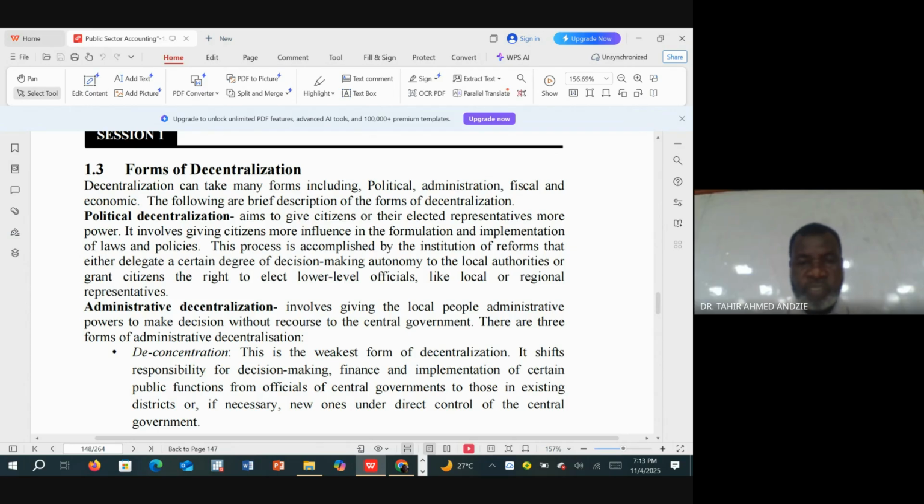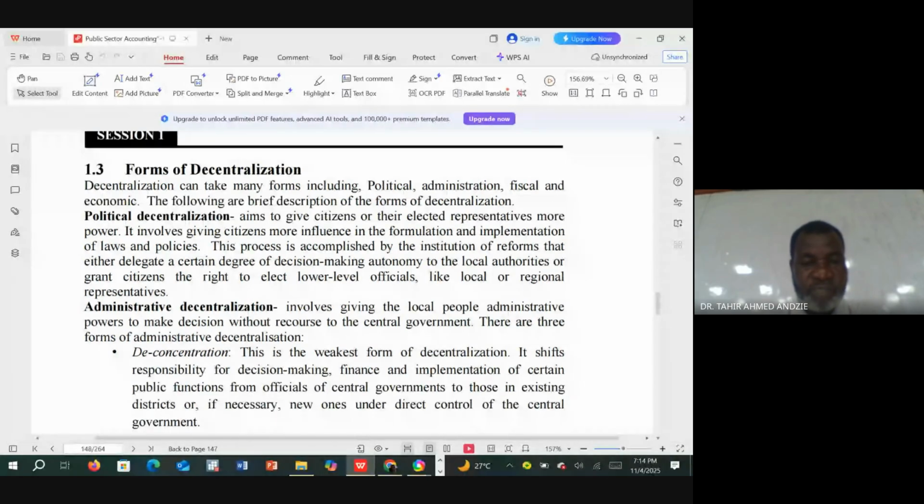It is about the implementation of policies and laws, and giving the people the right to elect their district assembly members, as well as the presiding member of the district, and even the MP in the area. All this is political decentralization. It is the people in the local area that are given the power to do this.